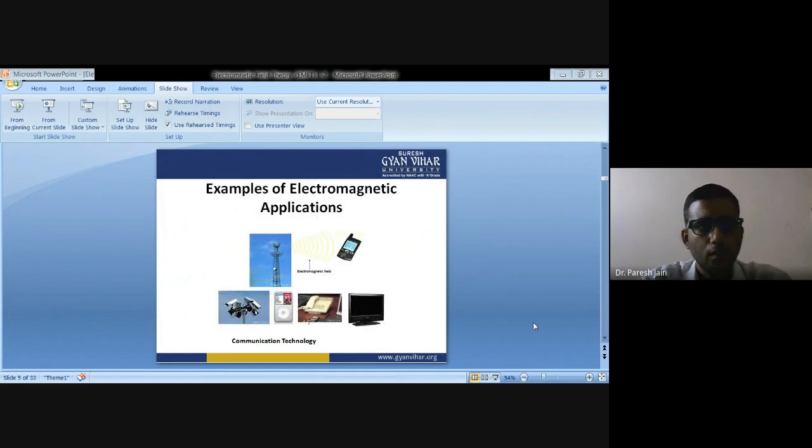Now, some examples of electromagnetic applications or electromagnetic devices. These are the communication technologies or communication devices. Mobile antenna towers. These towers radiate electromagnetic waves in the environment. Mobile handsets. Mobile handsets also work on the principle of electromagnetic waves.